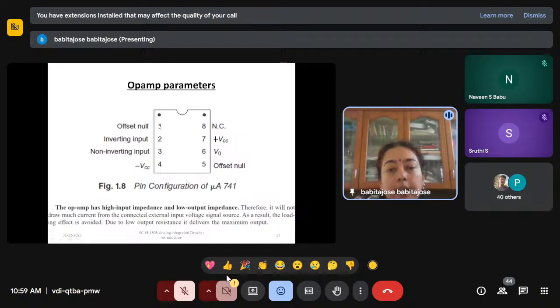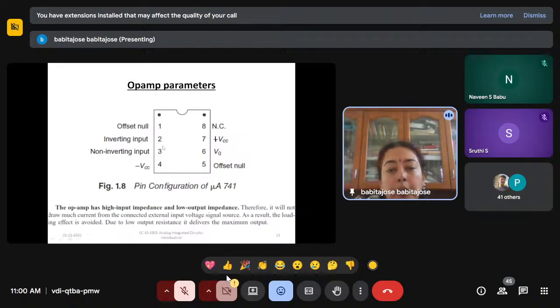Here you can see which are the inputs. Pins 2 and 3 are the inputs: 2 is the inverting input and 3 is the non-inverting input. The output is pin number 6.